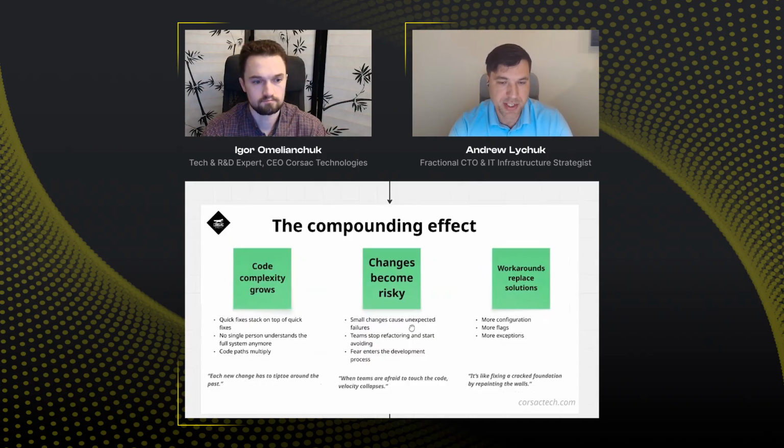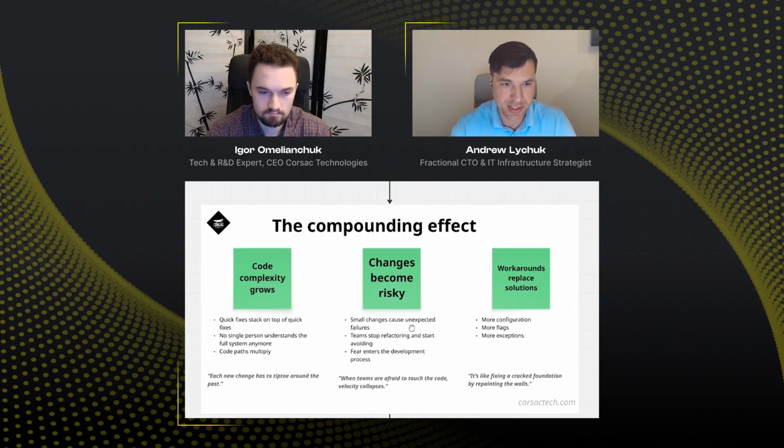Small changes cause unexpected failures. Teams stop refactoring and start avoiding it. They are too afraid of touching something. They don't know how it works, they have deadlines for new features, and they can't invest enough time to dig into all these quick fixes and fix them. So refactoring just stops, and fear enters the development process.